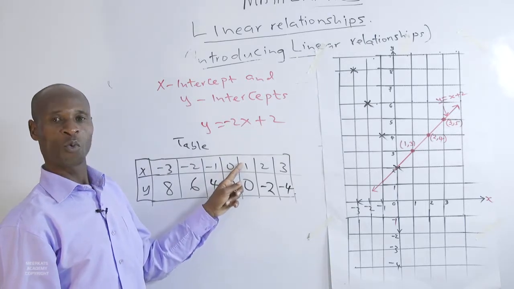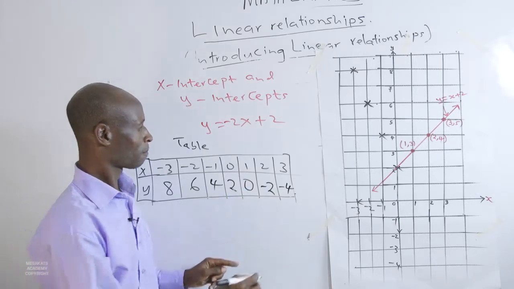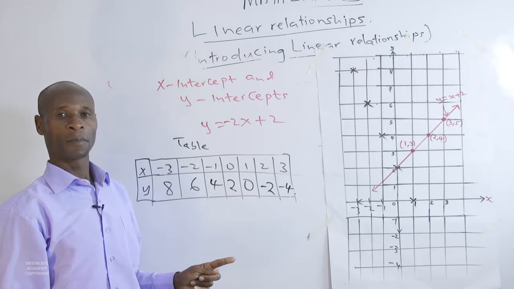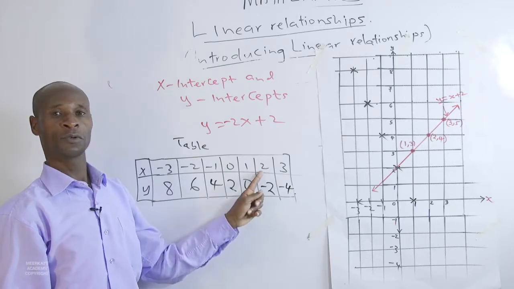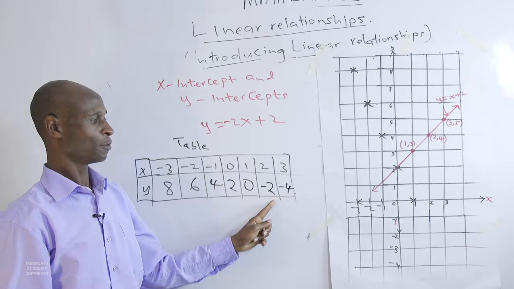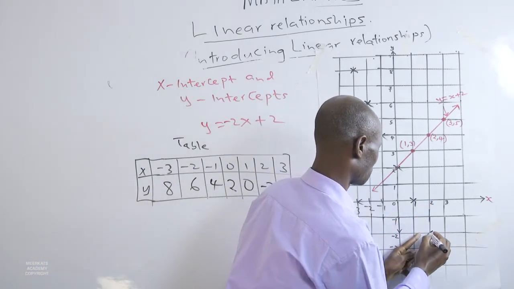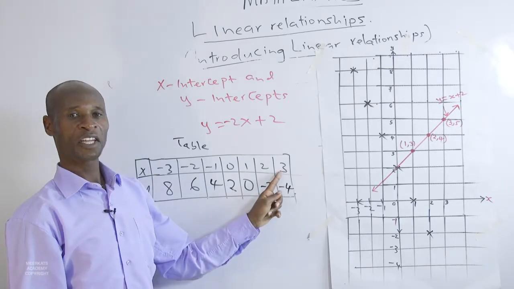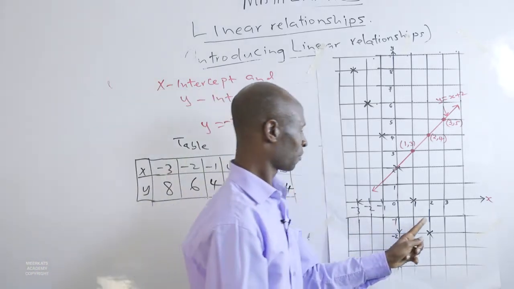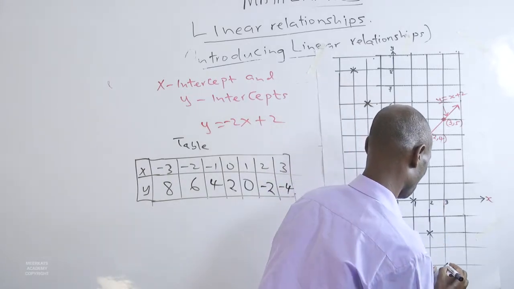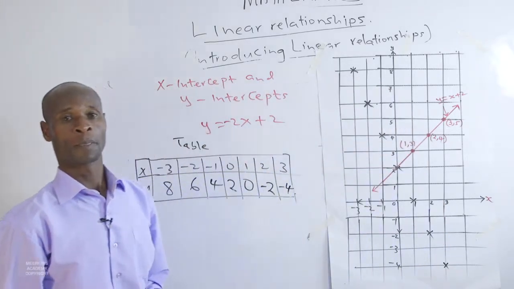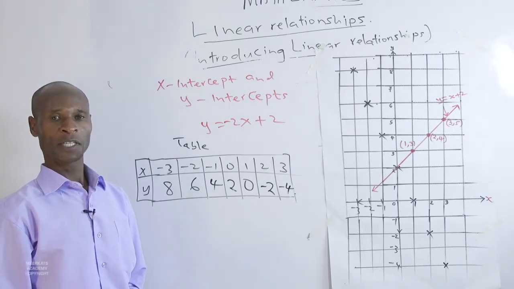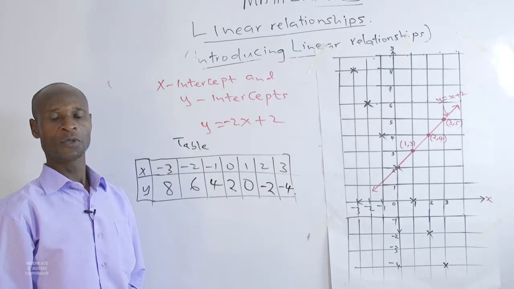When the x value is 1, y value is 0. When x value is 2, y value is negative 2. Finally, when x value is 3, y value is negative 4. Having plotted all the points correctly, we proceed and draw the straight line using a ruler.